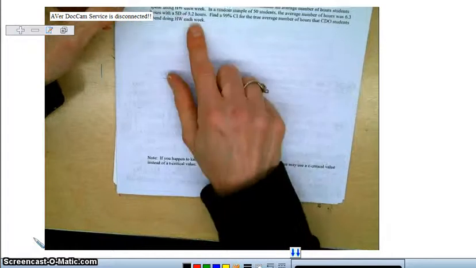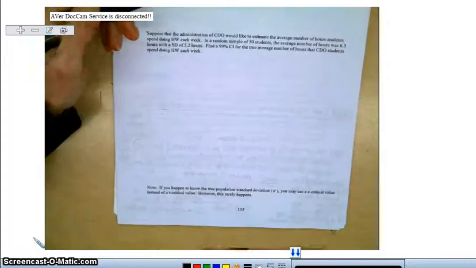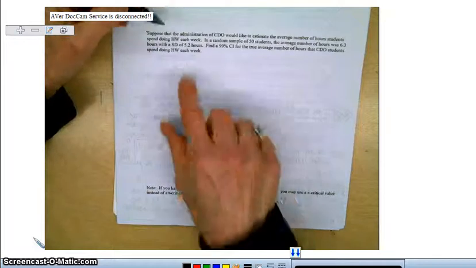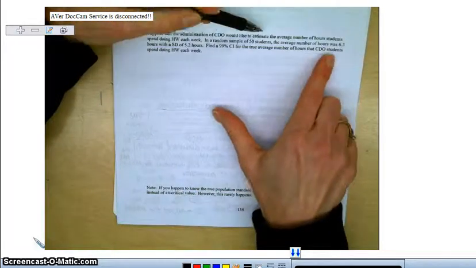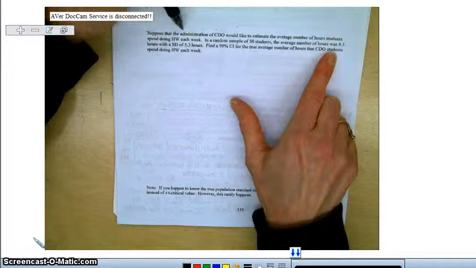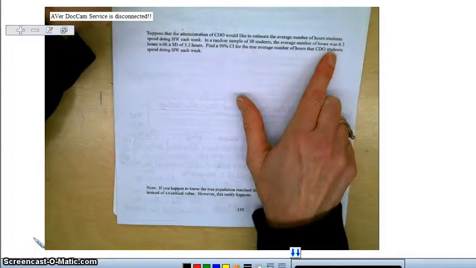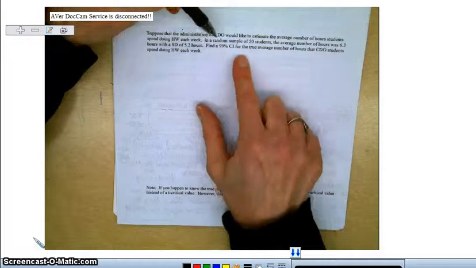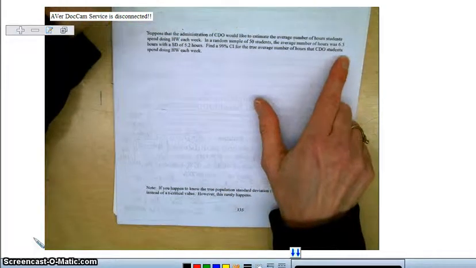Yep. Okay, so now let's look at this next example and see what we can get through here. Suppose that the administration of East High would like to estimate the average number of hours students spend doing homework each week. That would be an interesting study. In a random sample of 50 students, the average number of hours was 6.3 hours a week.